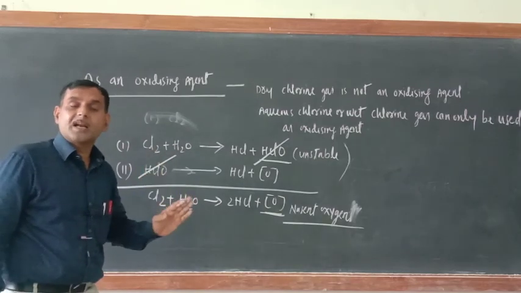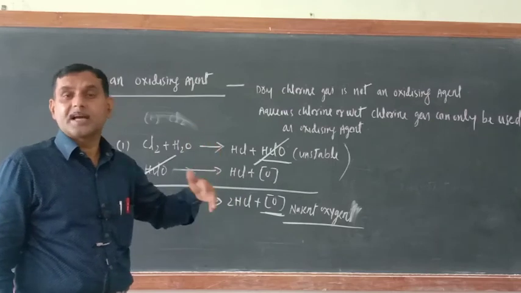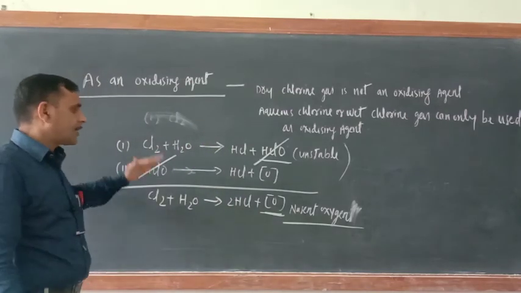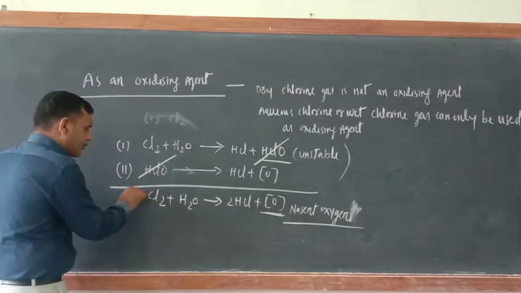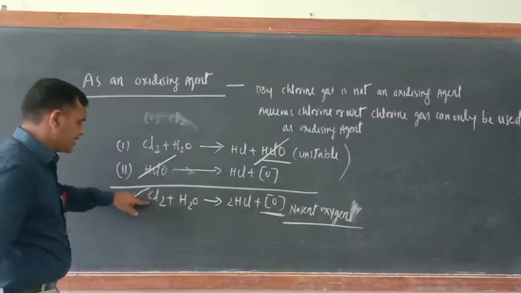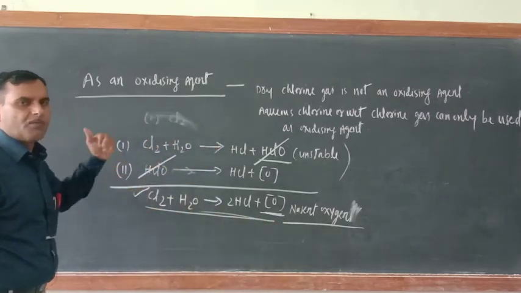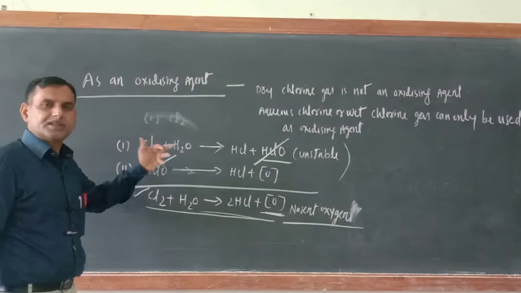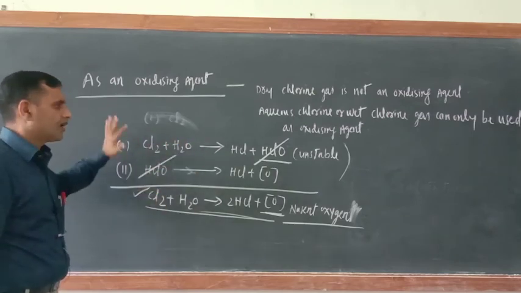Similarly, iodine will be oxidized into iodic acid HIO3. But the first step would be this one only, and in the second step, whatever substance you have got, just put in the equation and write their oxidized form.